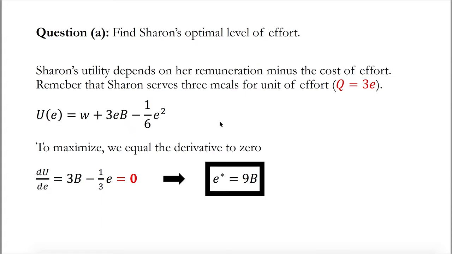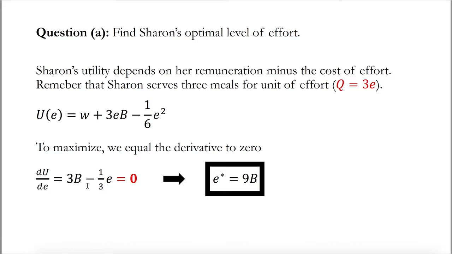Once you have defined the utility that Sharon gets from her job, you just need to maximize this function. In order to maximize this function, you need to obtain the derivative of the utility function with respect to the effort, and then put this derivative equal to 0.